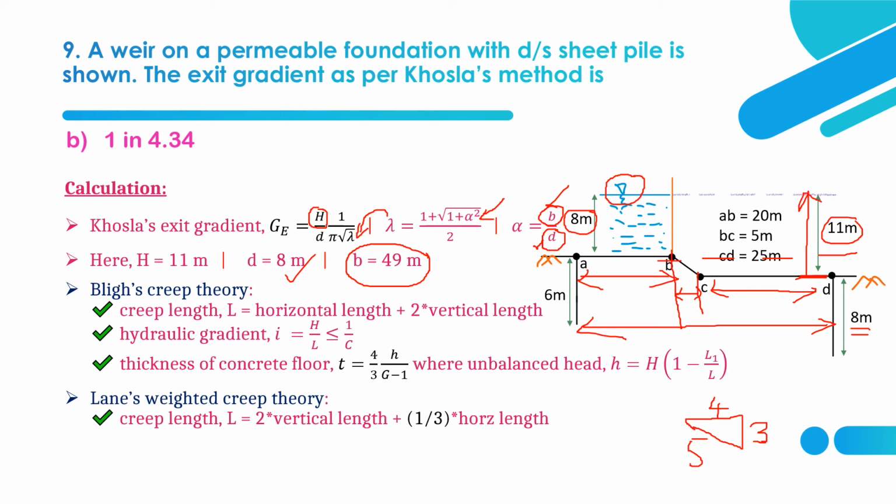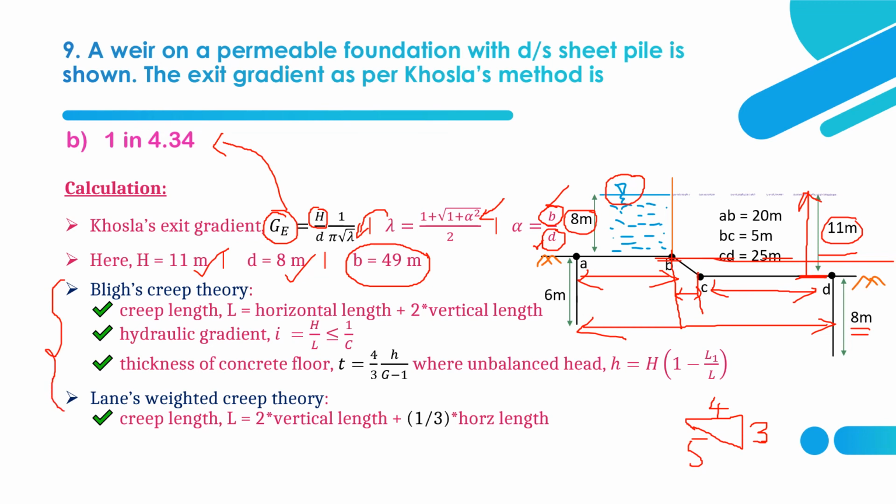That means 11 meter is the capital H. We should not substitute H as 8 meter because there is no water in the downstream side. So the data has to be substituted properly to get the answer for Khosla's exit gradient as 1 in 4.34. These are the important things regarding Khosla's exit gradient.